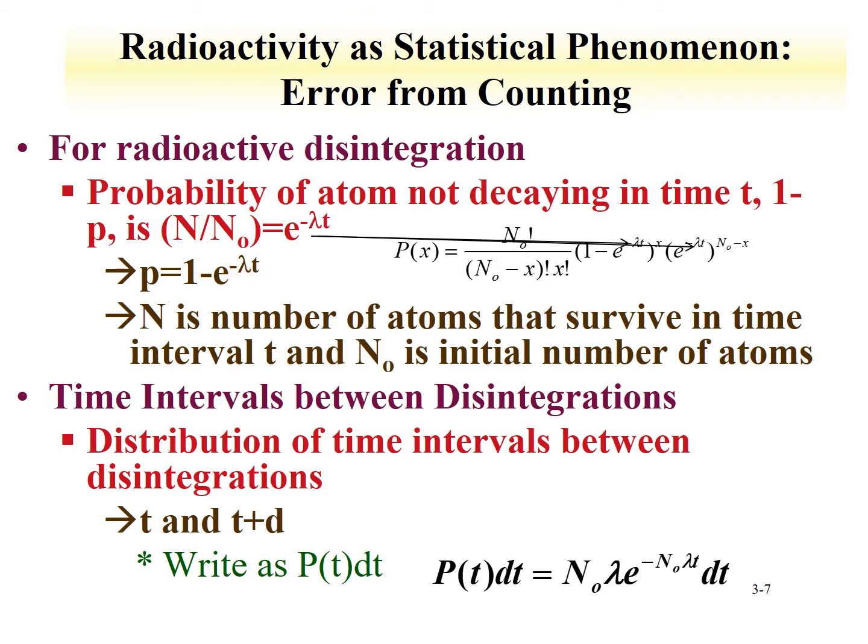N is the number of atoms that survive in this time interval t, and N naught is the number of initial atoms. So the time interval between disintegrations is listed as t to t plus dt. So let's write this probability, P(t) dt, and our equation now becomes this expansion.